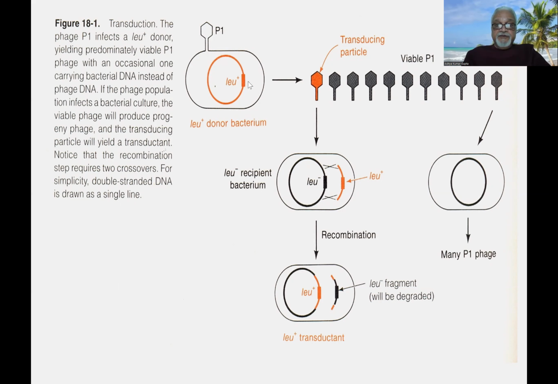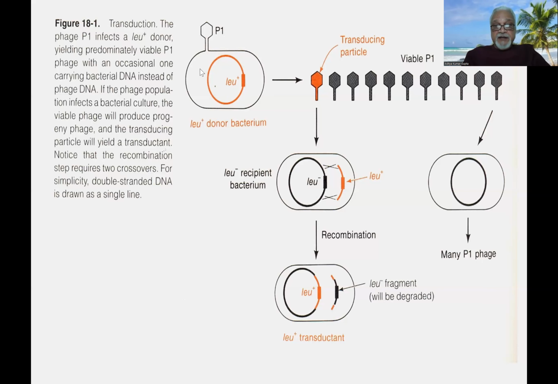Suppose this is Leu plus, which we are taking as an example of a marker gene. Now, as I explained, in the lytic cycle, this phage DNA, after entering, starts multiplying, and then it packages itself.